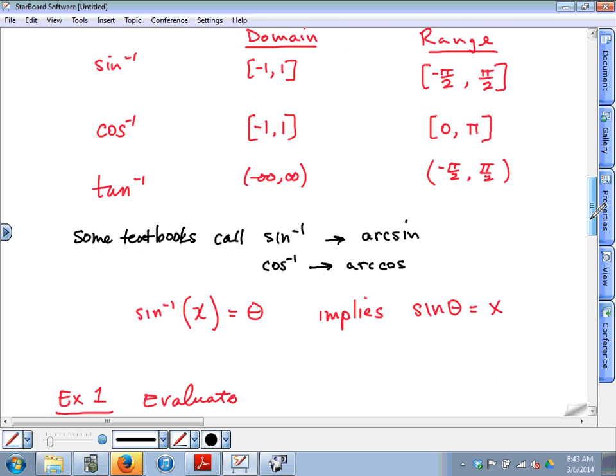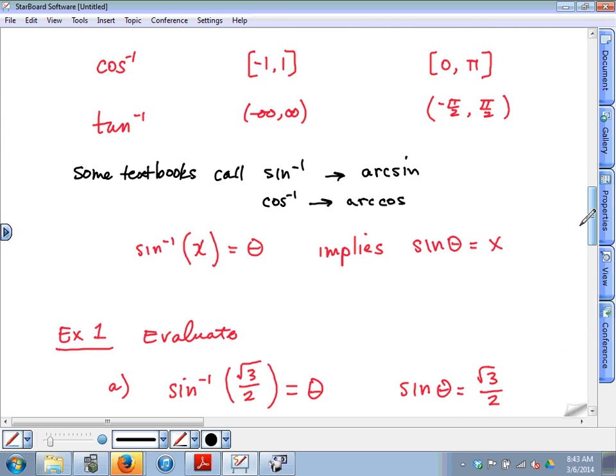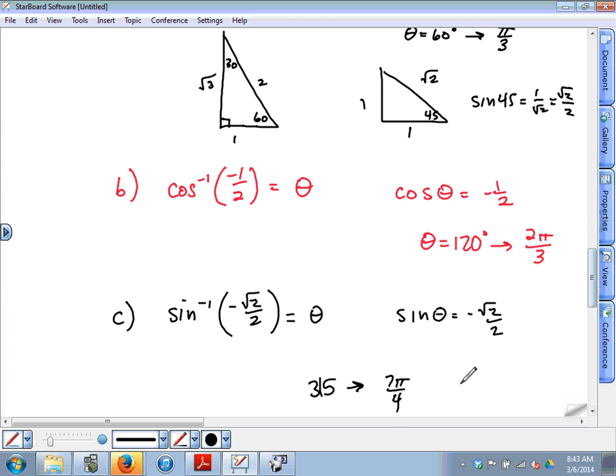So 7 pi fourths is correct. It's just going in the wrong direction. We're going counterclockwise to get 7 pi fourths. We got to go the other direction. It would be negative pi fourths. Negative pi fourths is the same as 7 pi fourths. But we have to use negative pi fourths because that's in the correct range of the inverse sine.